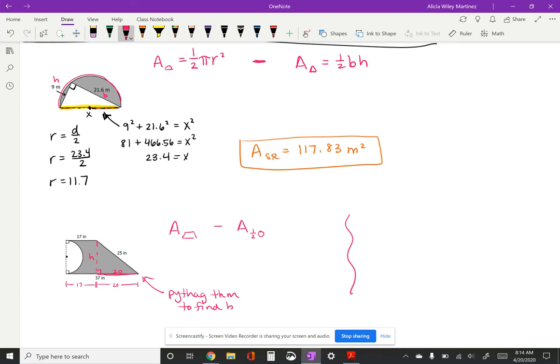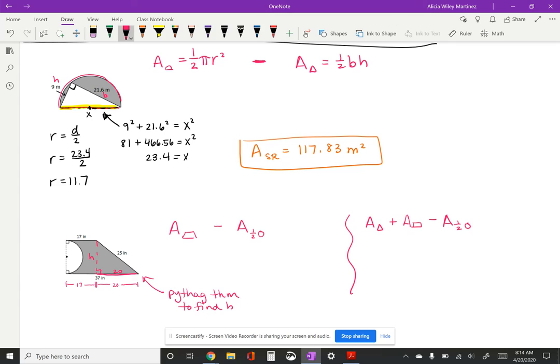Some people might also ask if they can do this another way: you could separate this into 3 regions, where you have the area of a triangle plus the area of the square, right? And then subtract the area of the half circle, right? Well, that might not be a square. I guess that's probably a rectangle.